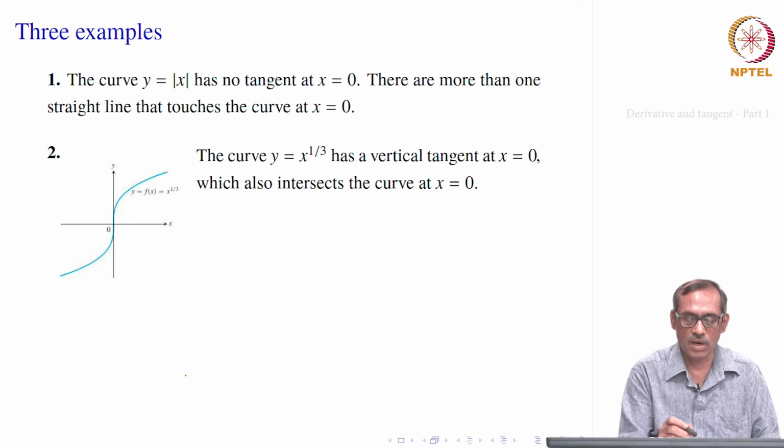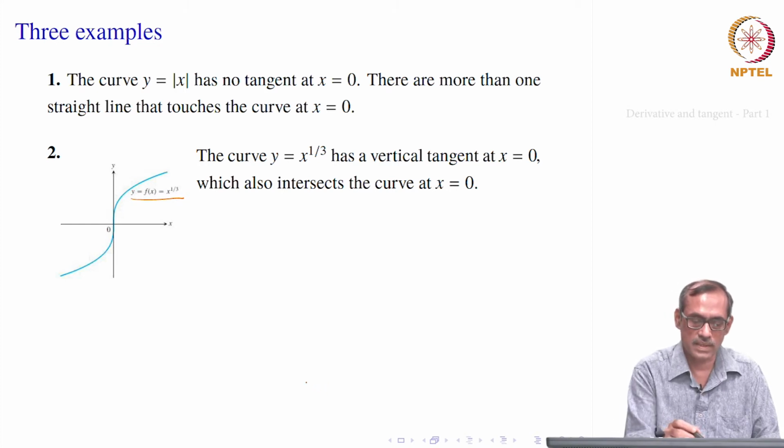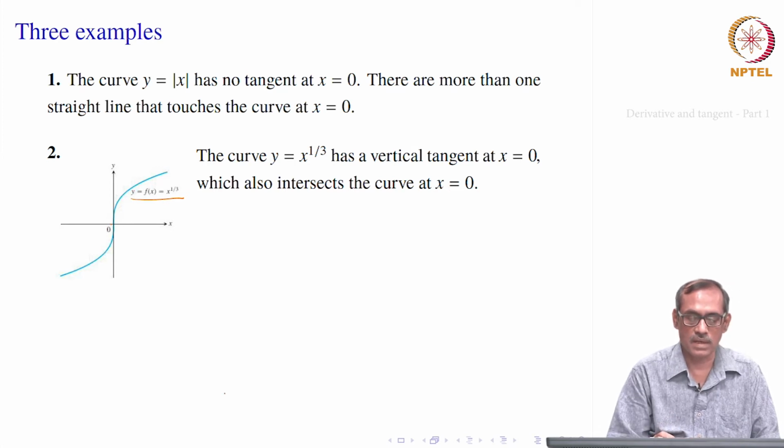Here we have the curve y equal to f of x, which is x to the power 1 by 3. So, look at the point x equal to 0, that is the origin. This is a point on the curve.